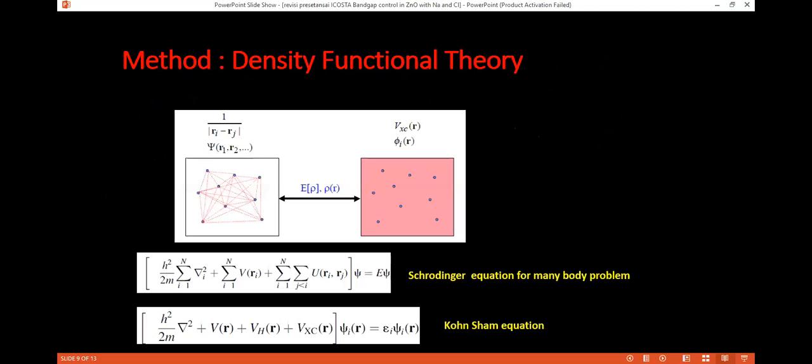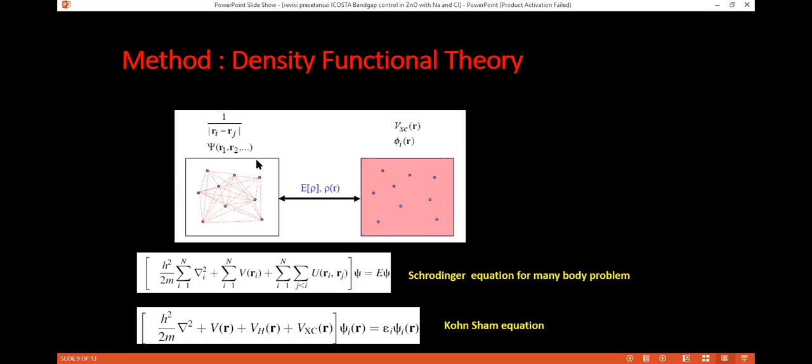We use density functional theory. That's why I want to give you a short explanation about this theory. Actually, the real condition is like this for all matter or solid state.